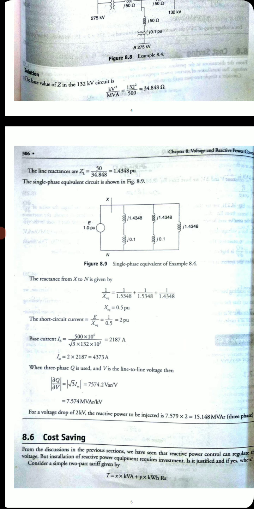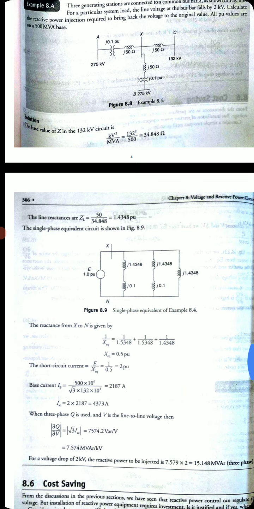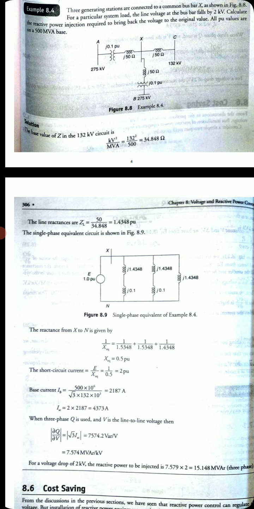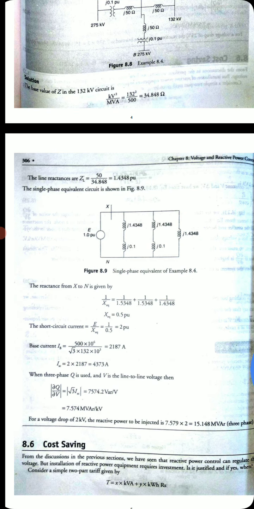The single phase equivalent circuit is like this. The reactance from X to N is given by 1 over X equivalent, that is 1 over X1 plus 1 over X2 plus 1 over X3, and we get X equivalent as 0.5 per unit.